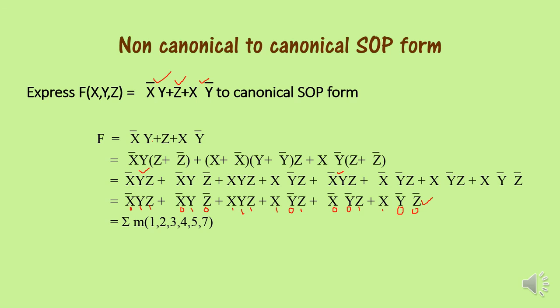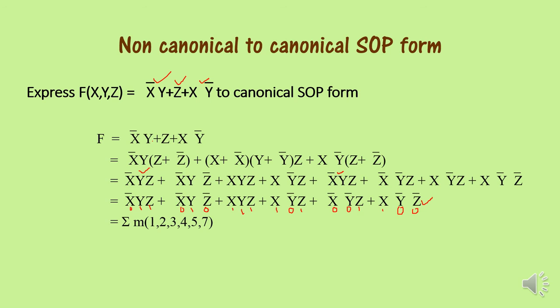Why is it called canonical SOP form? Because in this canonical form nothing is missing. Here all 3 variables are present in each term. In the total Boolean function, all 3 variables are present.